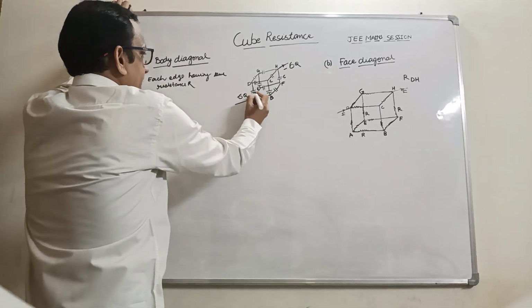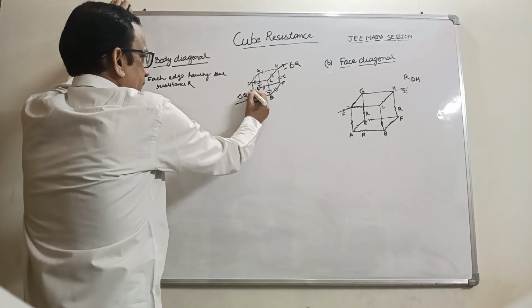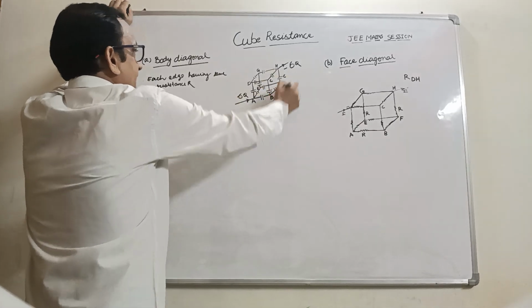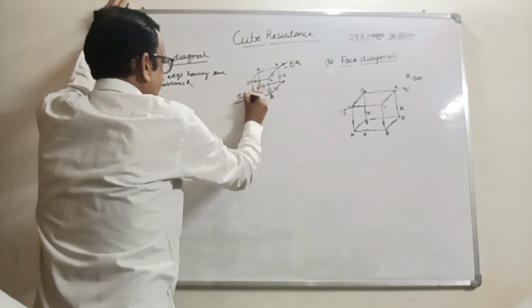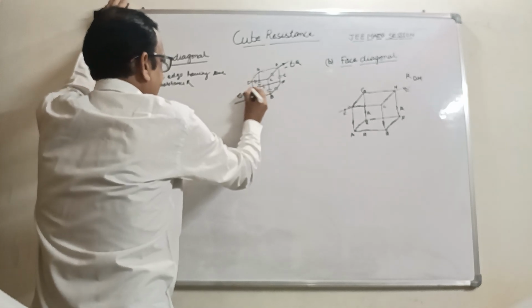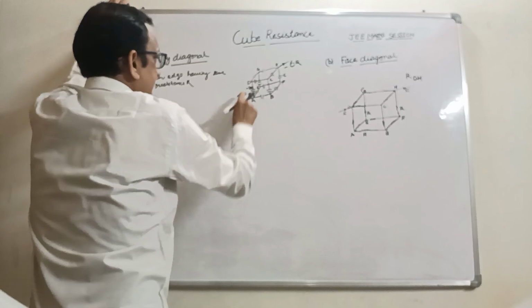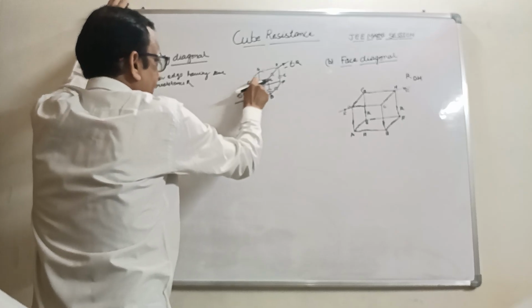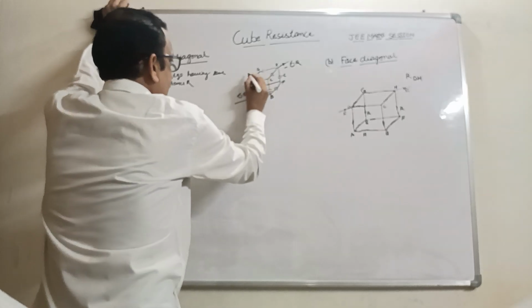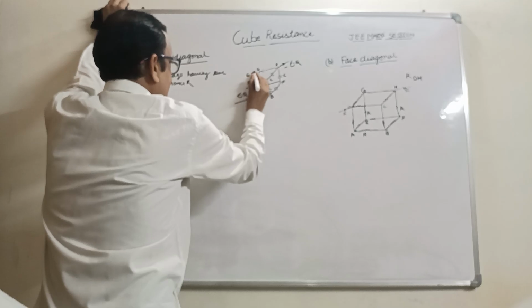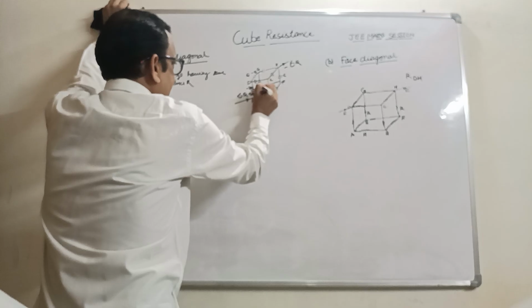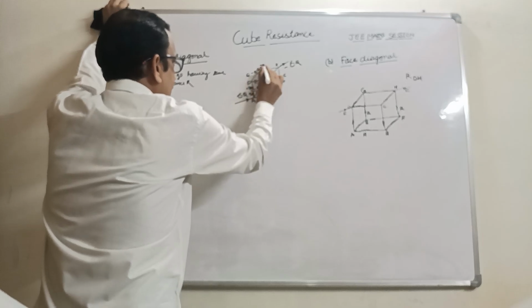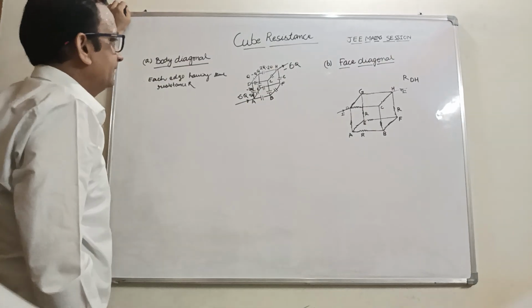The 6Q charge is divided into 2Q, 2Q, 2Q because the capacitance of each capacitor is C. So the charge is positive 2Q and minus 2Q here, and this charge is further divided, so the charge on this plate would be Q and minus Q, and here it becomes 2Q and minus 2Q.